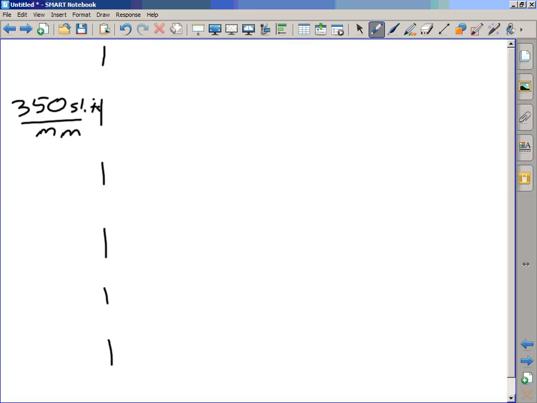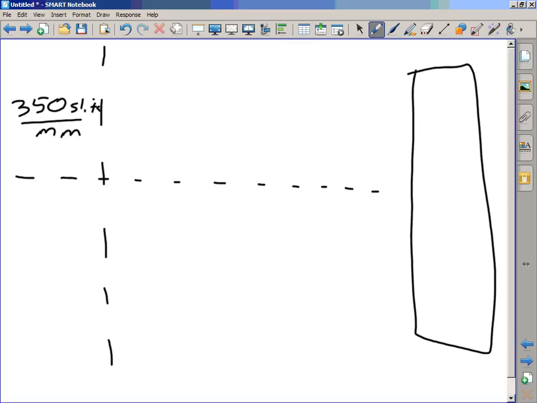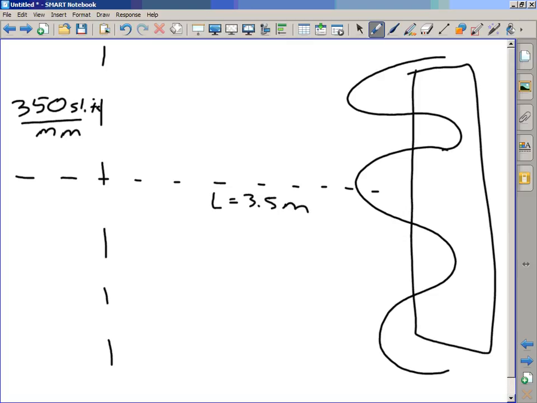When monochromatic light is shone on the slit, and a screen is positioned 3.5 meters away, a nice uniform diffraction pattern occurs such that the first order maxima, that's a bright spot, occurs, let's do 25, I feel like 25, 25 centimeters away from the central maximum.